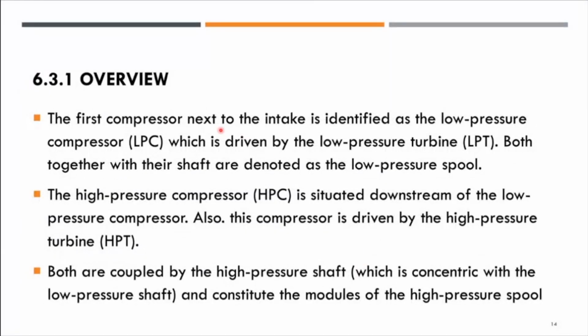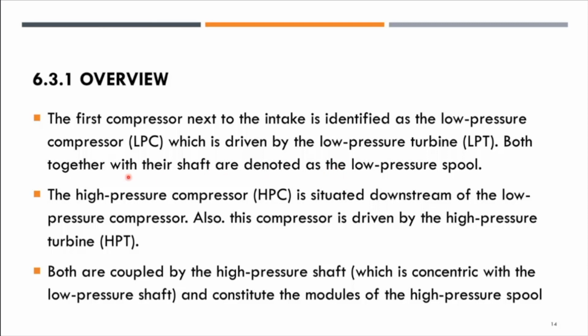For the double spool type of turbojet engine, the first compressor next to the intake is identified as the low pressure compressor, which is driven by the low pressure turbine. That is, the low pressure compressor is connected to the low pressure turbine, and both together with their shaft are denoted as the low pressure spool.